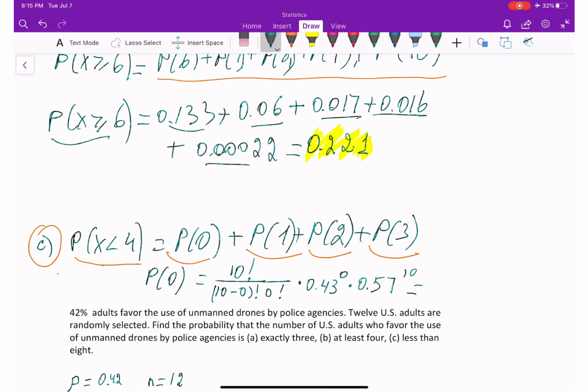Okay, you can solve it. This is going to be 1, and this is going to be 10 factorial, which you can cancel with 10 factorial.